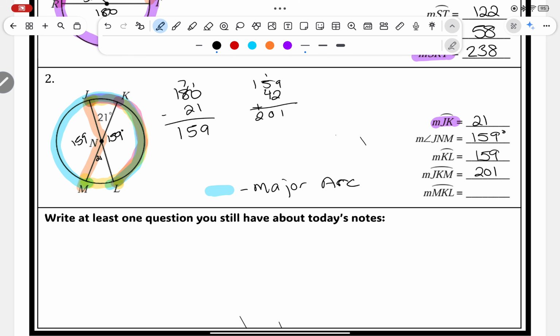The measurement of arc MKL is 360 minus 21, which is going to give me 339 degrees. I'm subtracting 21 because that's the measure of my minor arc ML, which is not included in my major arc.